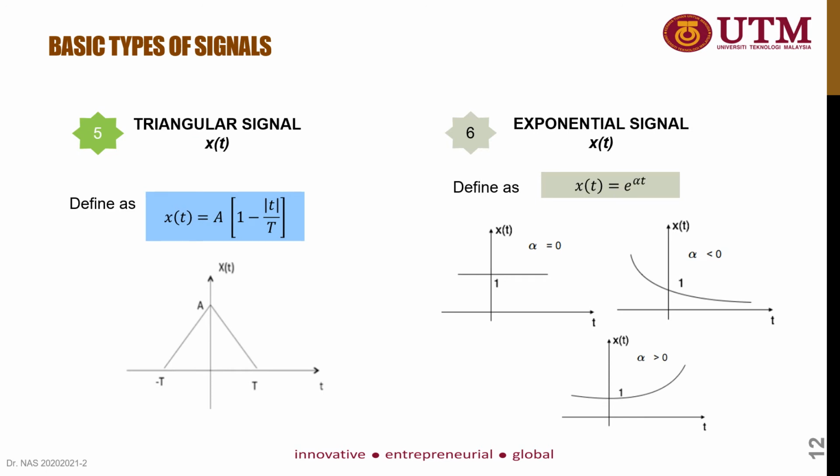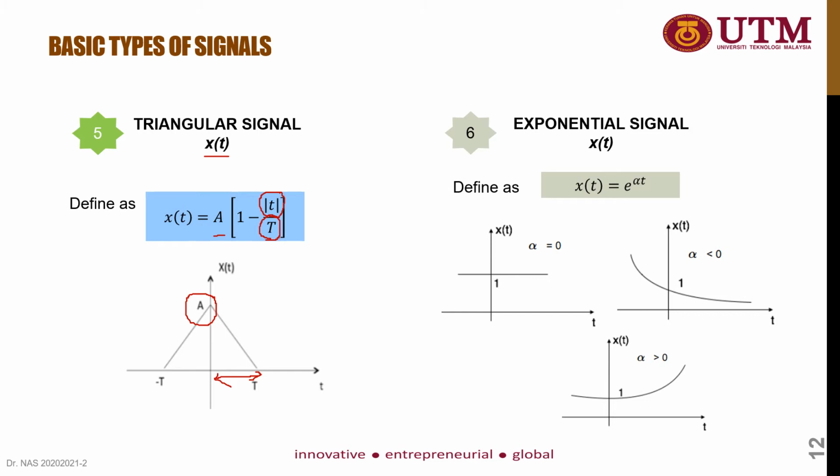Next is the triangular signal. It can be defined by an equation in which x(t) equals A, the amplitude of the triangular, and then the modulus of t, meaning that it will happen in both positive and negative t, and T is the fundamental period of the triangular signal. So this is the fundamental period of the triangular signal.